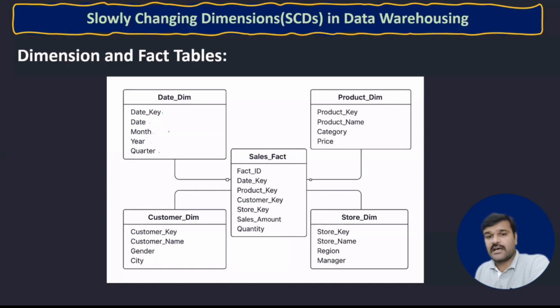Now, when a customer comes, he is going to buy a product. What happens when the customer comes? Who is that customer, from which store did he buy, what product did he buy, and on which date did he buy? You are going to note down all these things.